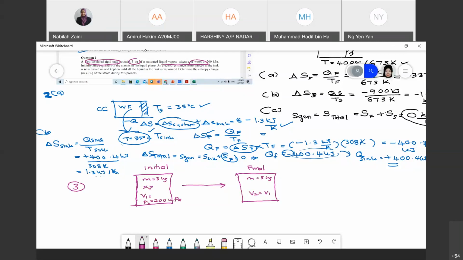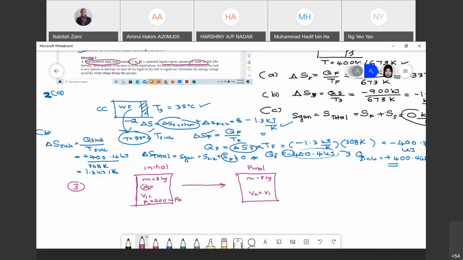Initially 3/4 of the mass is liquid. Quality X represents how much vapor is in the mixture of liquid and vapor.